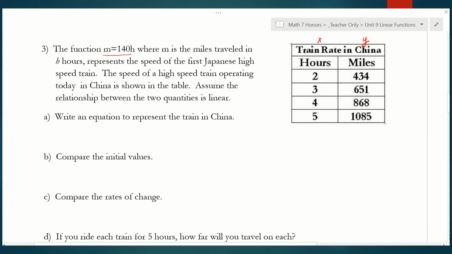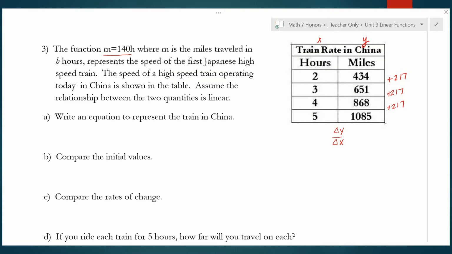So to find our slope, remember we're doing change in y over change in x. So let's see how y changes. Each time, I am adding 217 to get to the next number. The way I figured that out was I subtracted 651 minus 434 and I got 217.